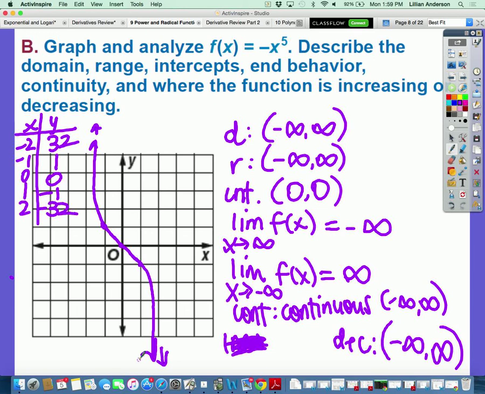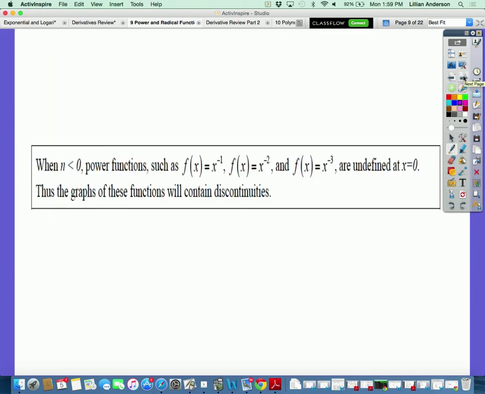Now, when x is less than 0, meaning it's like x to the -1 or x to the -2 or x to the -3, it will be undefined at 0. There will be some type of discontinuity. So, who remembers, when you have a negative exponent from algebra 2?